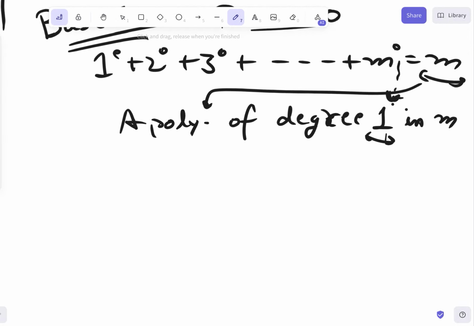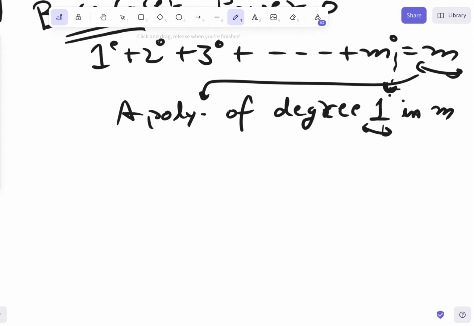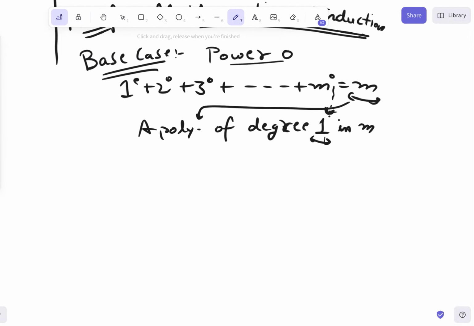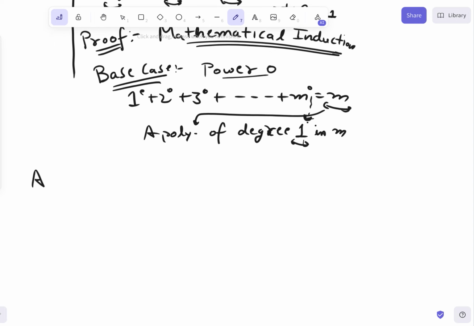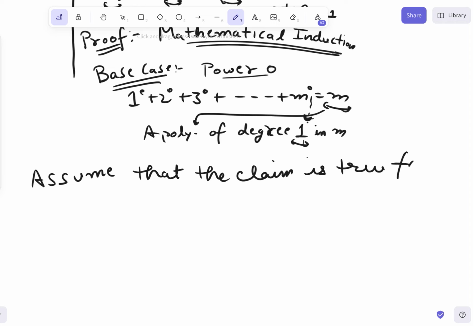So now as per mathematical induction, the next step would be that we assume that the claim is true for all powers less than equals to n minus 1.